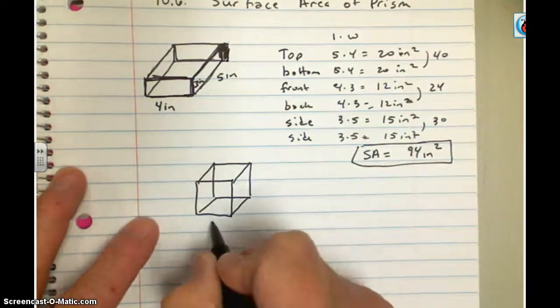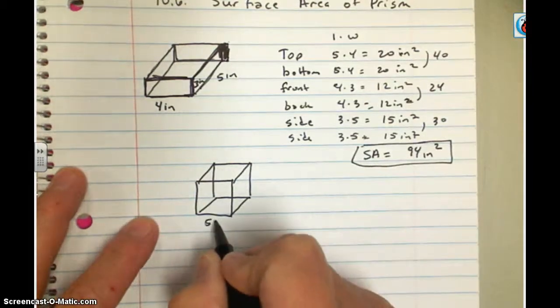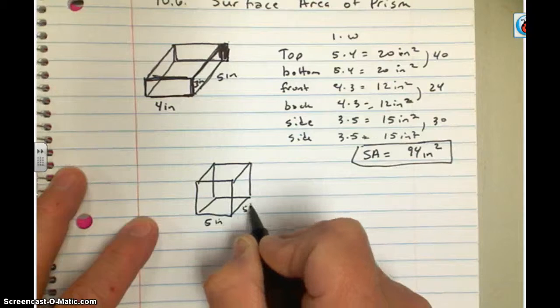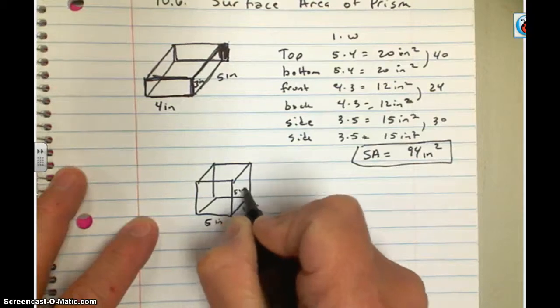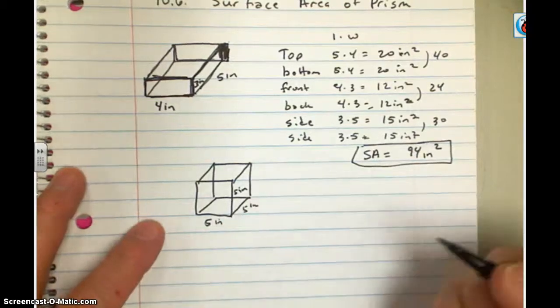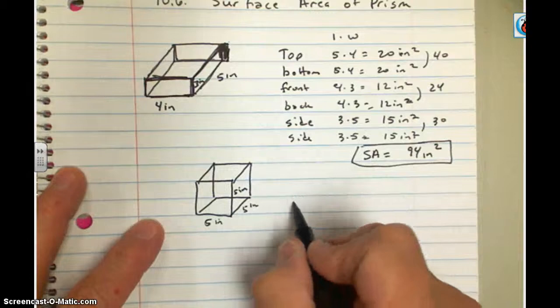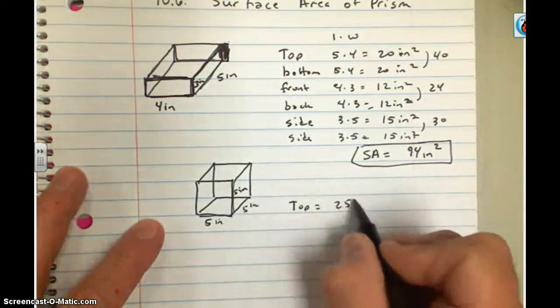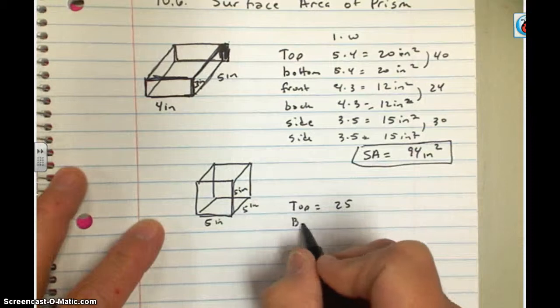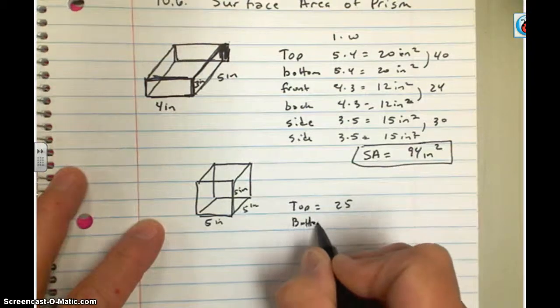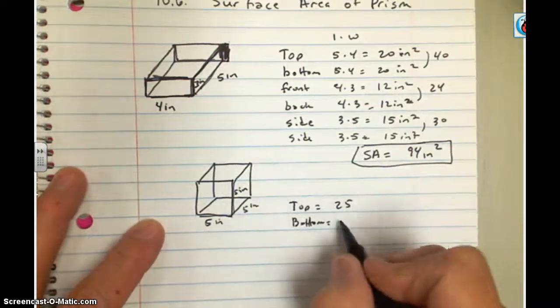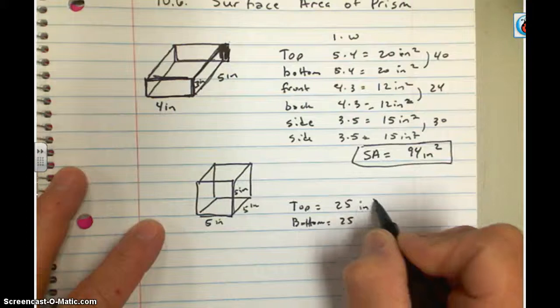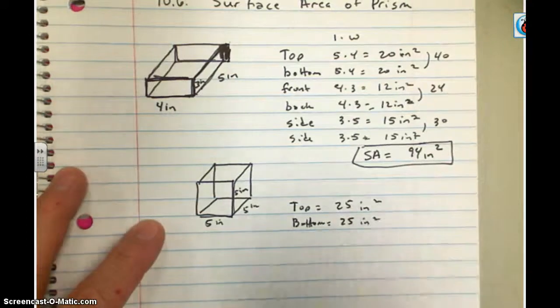This one we're going to make 5 inches by 5 inches by 5 inches. We'll keep this kind of simple. The top is 5 by 5, which is 25. The area of the bottom surface is the same, 25 inches squared.